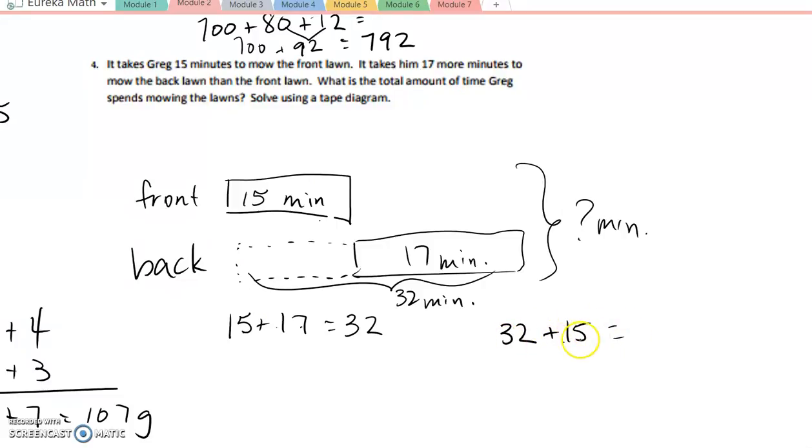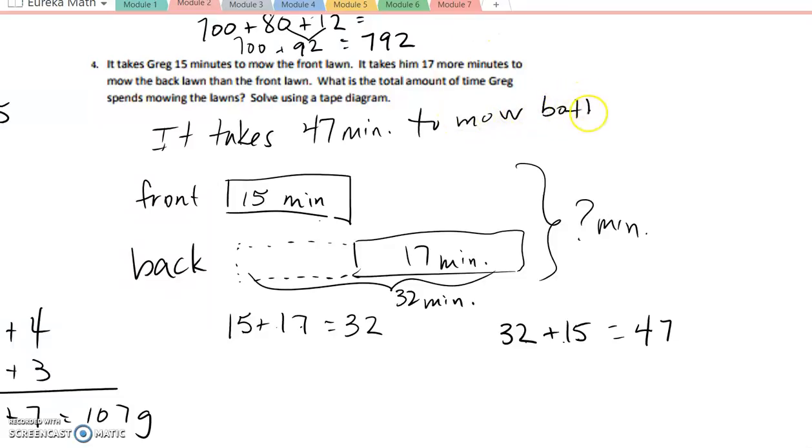So 30 and 10 is 40. 2 and 5 is 7. So it takes 47 minutes to mow both lawns.